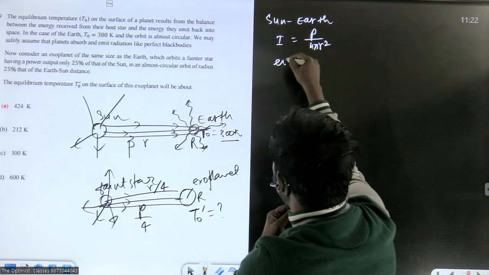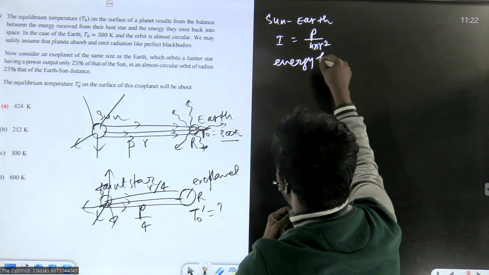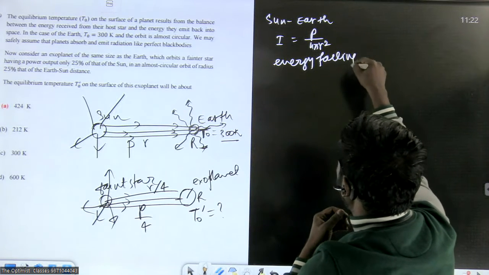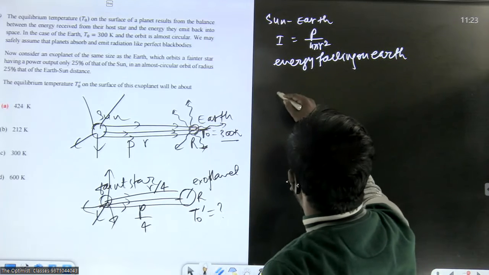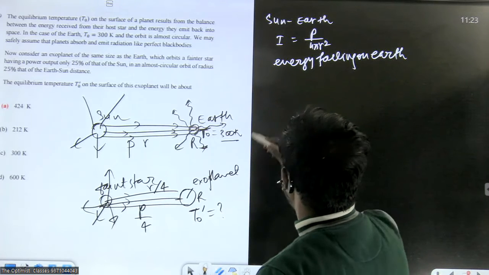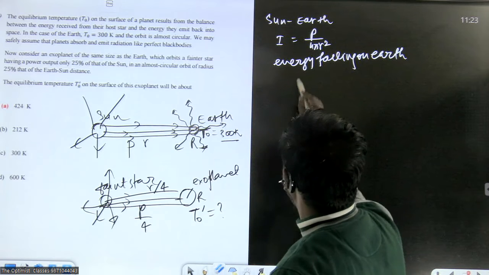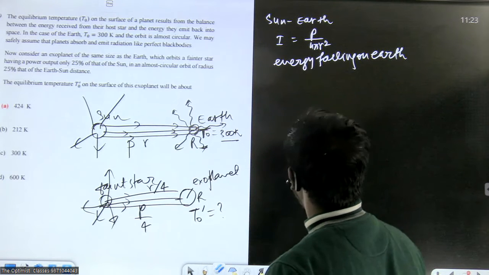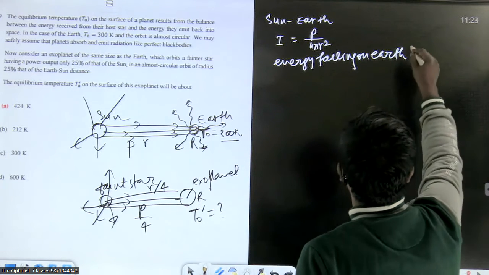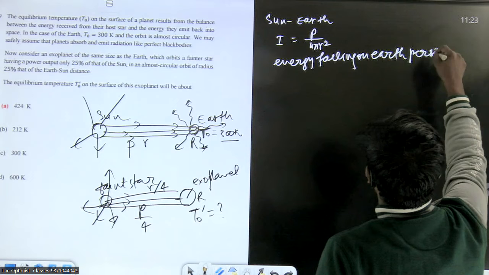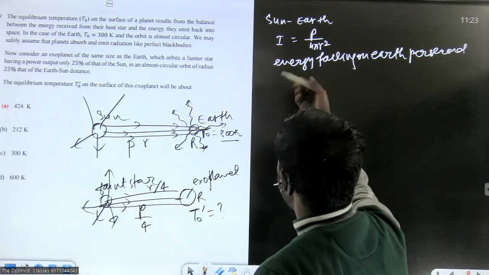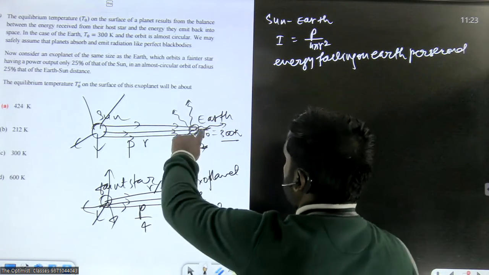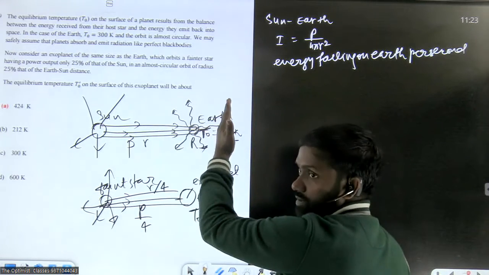So the energy falling on Earth per second, we have to roughly multiply by the area of the cross section.